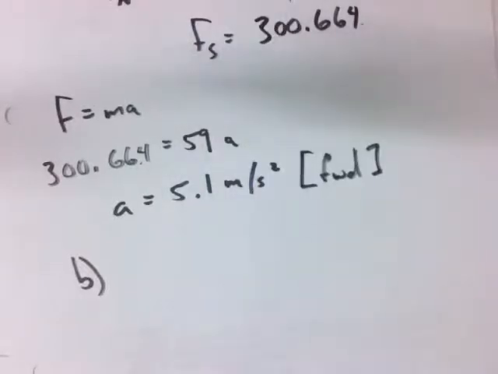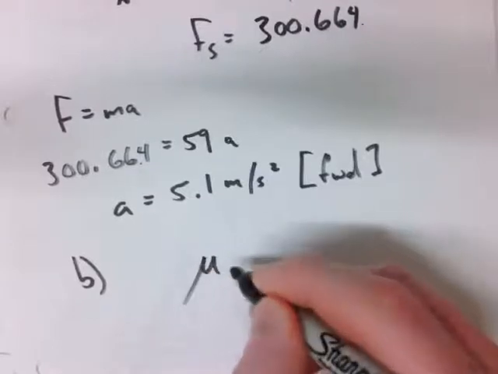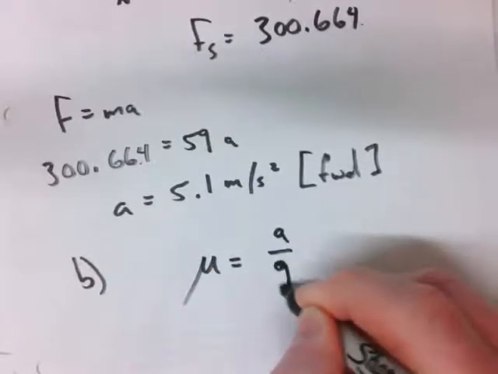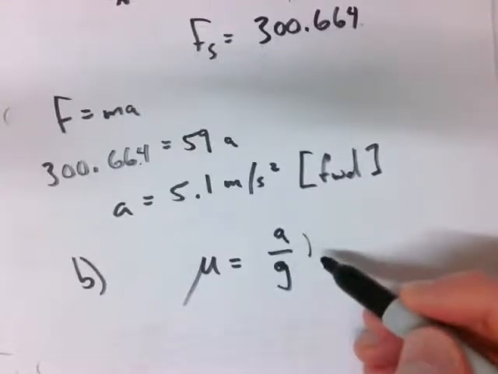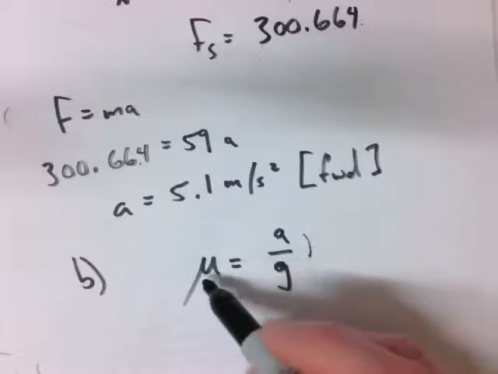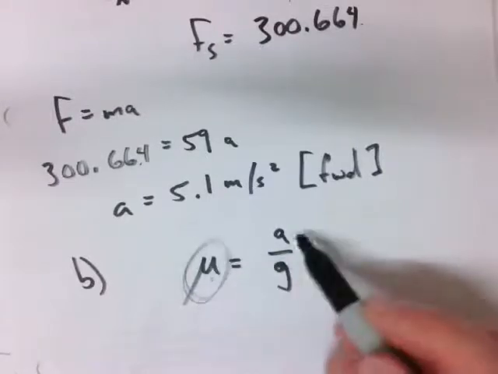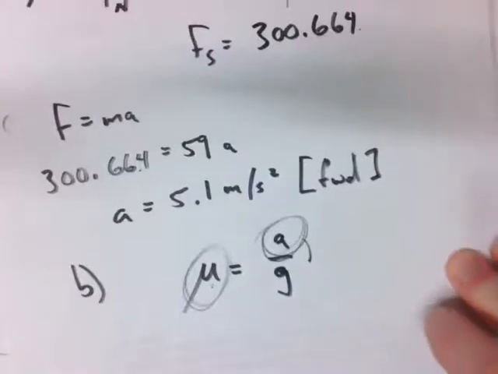It's trying to show you that in cases like this, mu equals acceleration over gravity. So the ratio of the coefficients of static friction is directly related to the ratio of the accelerations.